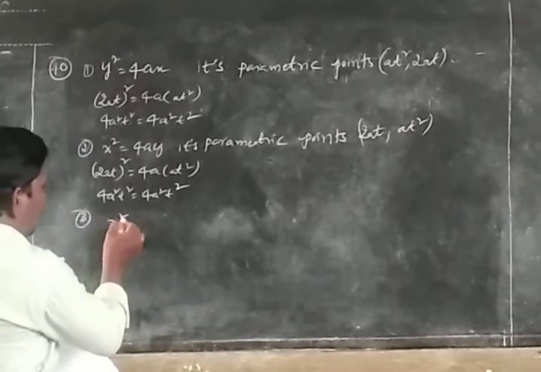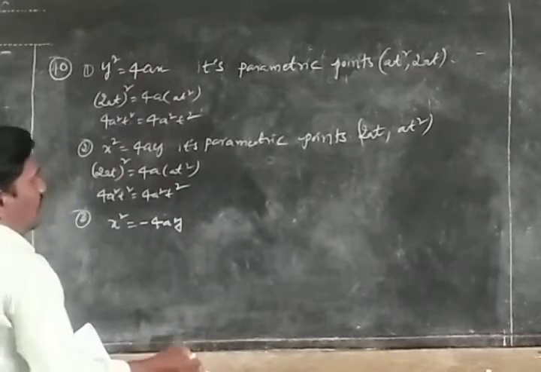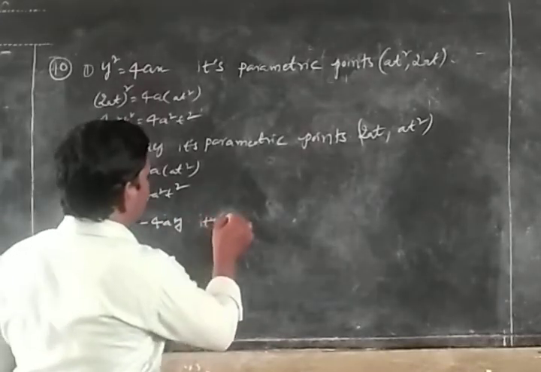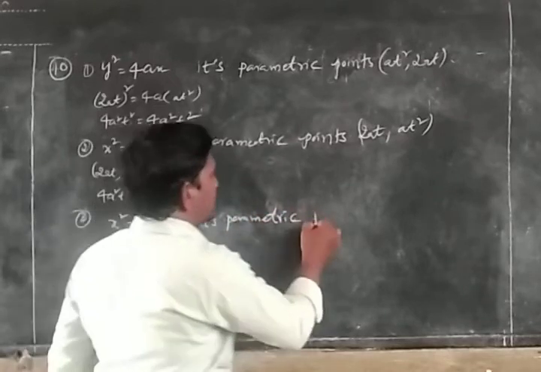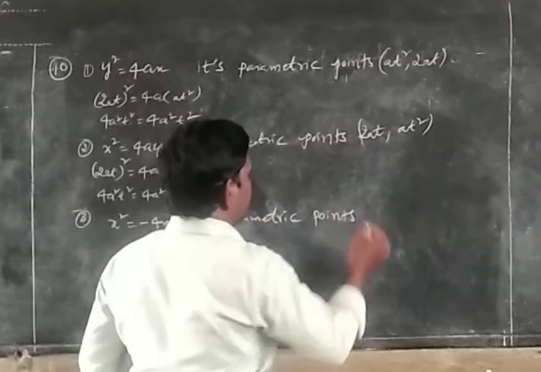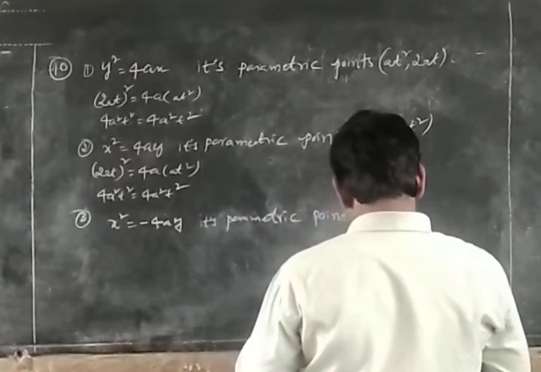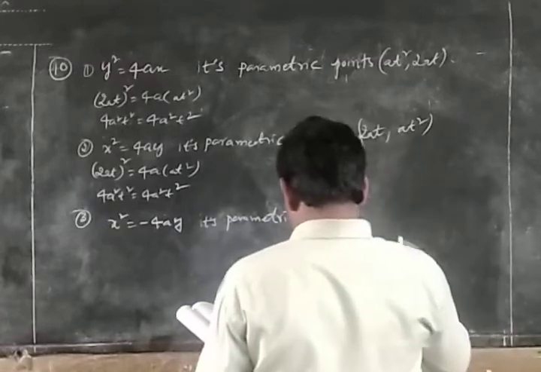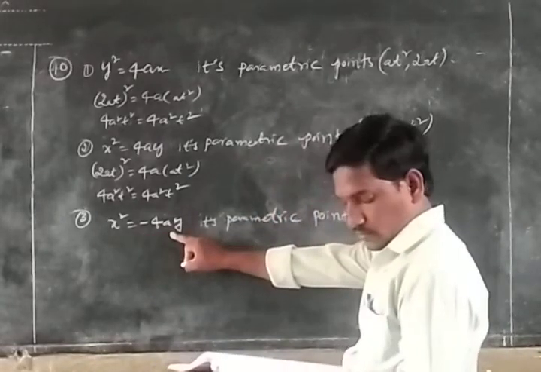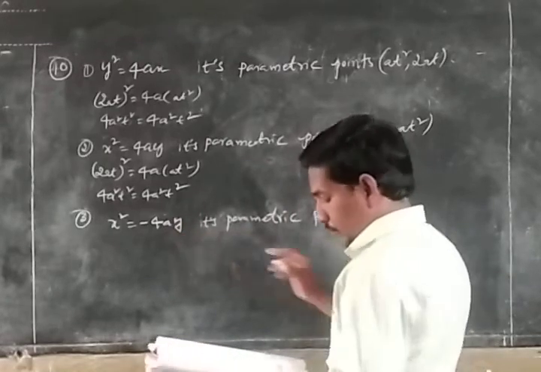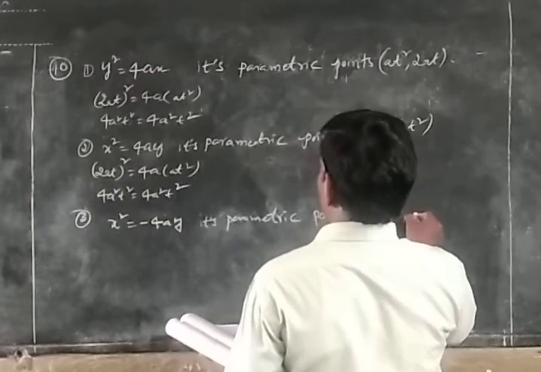x square equal to minus 4ay. Its parametric points are (2at, minus at square).